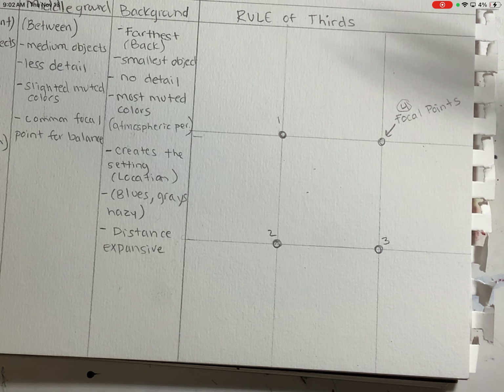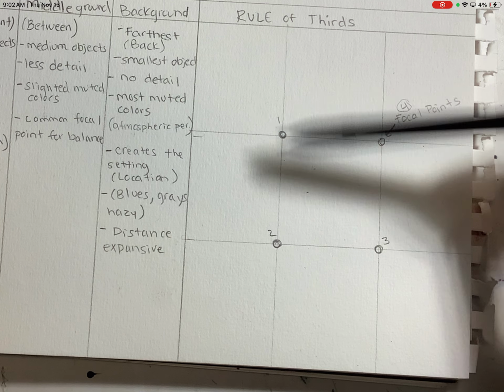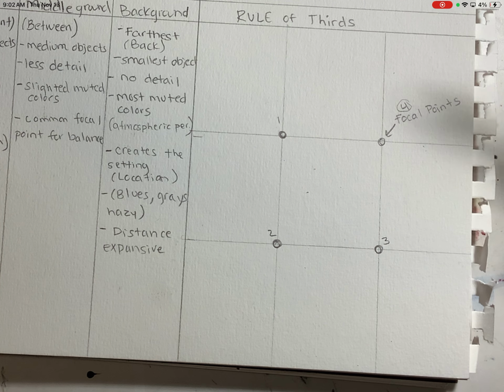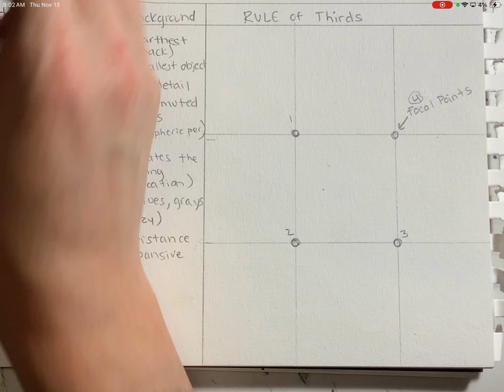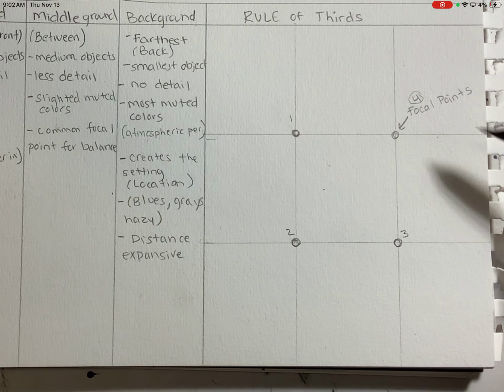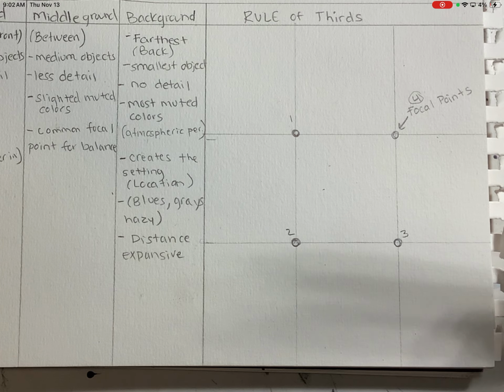So the most important things that should be in your focal points is what you want the viewer to look at or to draw their eye. So first, when we first start drawing, we draw our grid, so we know where to put our focal points. Next, we draw our horizon line.